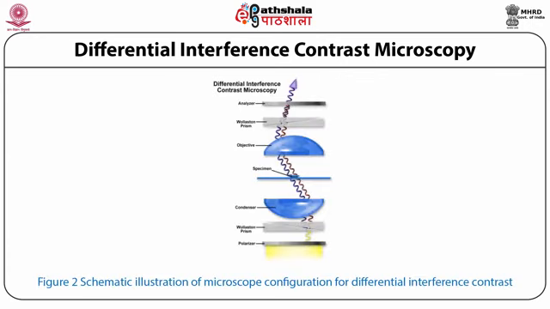Figure 2 shows the schematic illustration of microscope configuration for differential interference contrast.